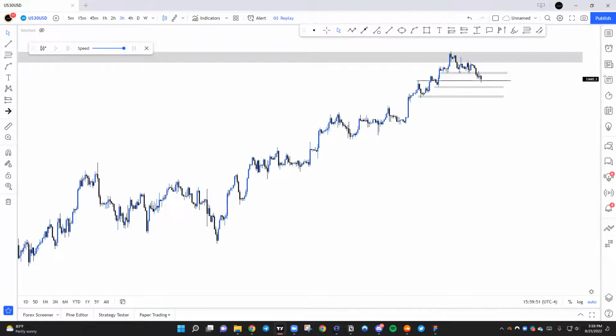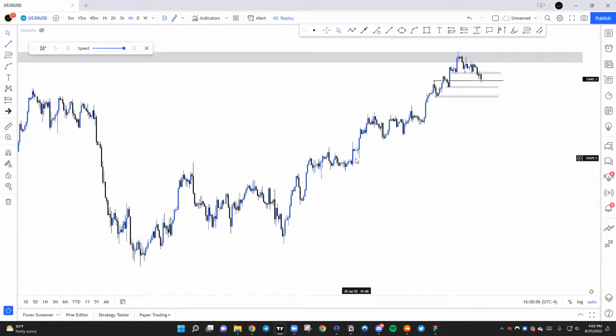If a candle closes above the body but below its wick. Go to the 4 hour. 31st.